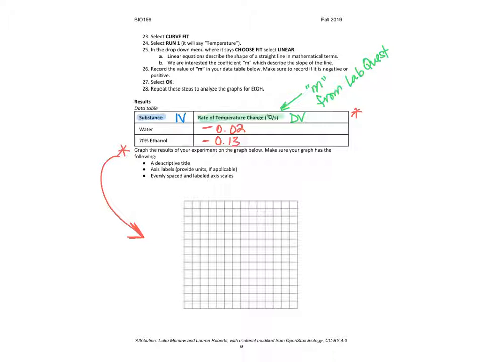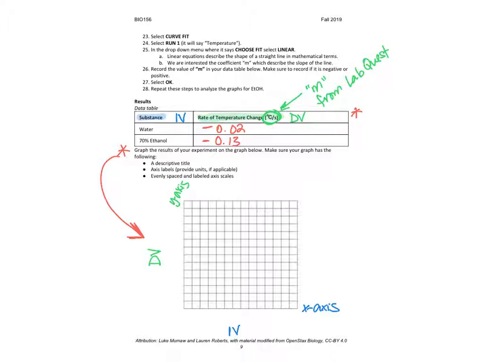Just like we talked about with the first graph, you're going to put the independent variable on the x-axis down here, and your dependent variable on the y-axis up here. Remember, you want to include the units.